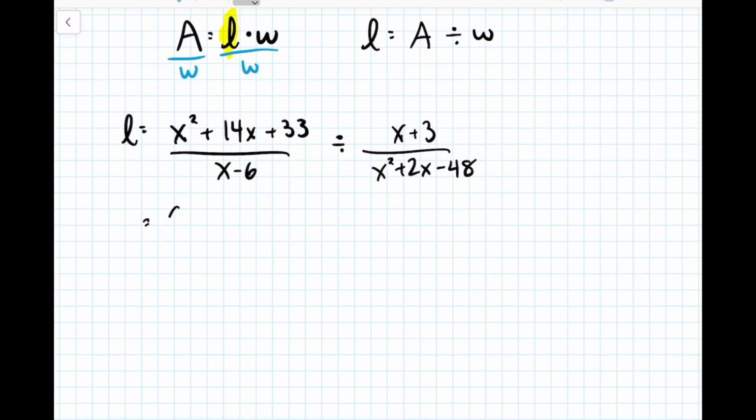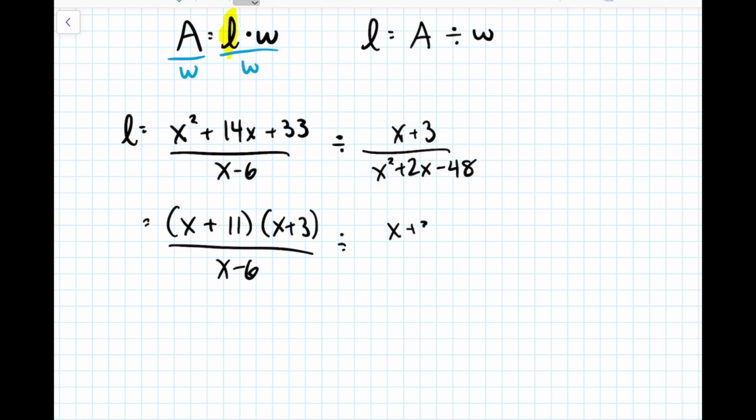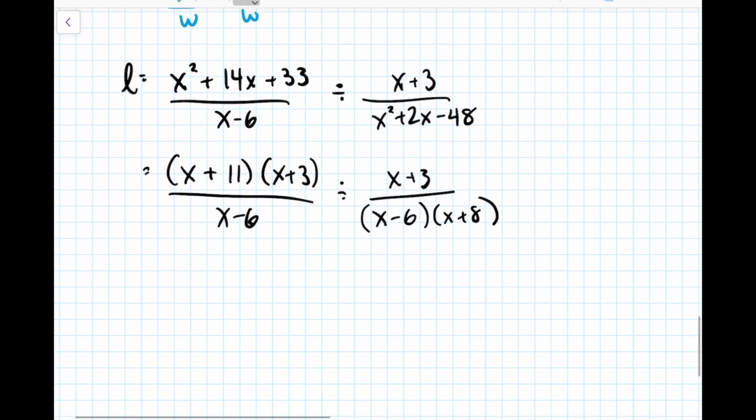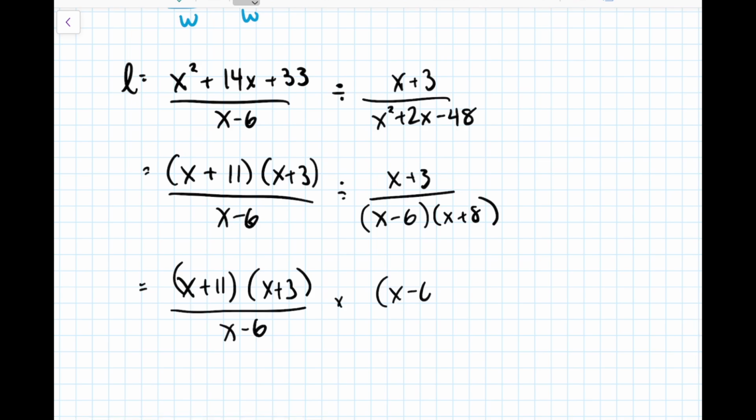So we do some factoring. We've got x plus 11 times x plus 3 over x minus 6 divided by x plus 3 over x minus 6 times x plus 8. We flip, we multiply, so this becomes x plus 11 times x plus 3 over x minus 6 times x minus 6 times x plus 8 over x plus 3.